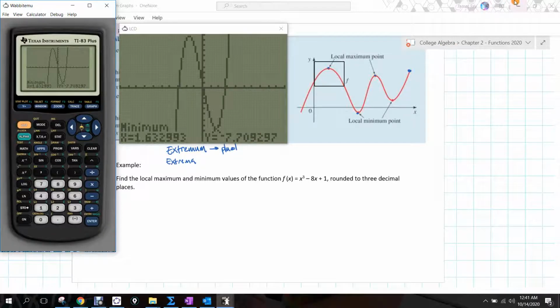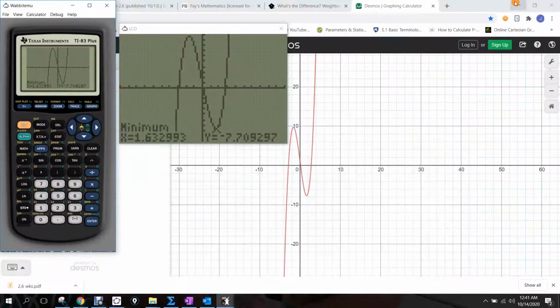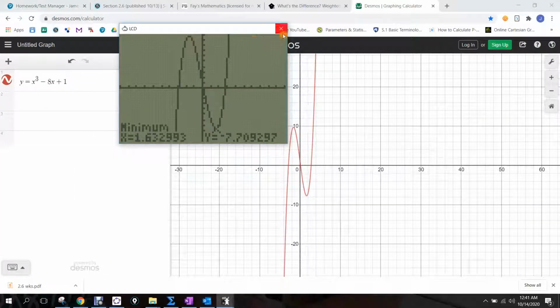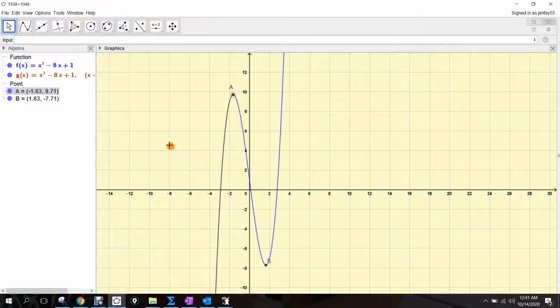Okay. Now, that's the only thing that we have the ability to do right now in this class. But let me show you something that might be of benefit to see where this is being taken in calculus. So let's see here.